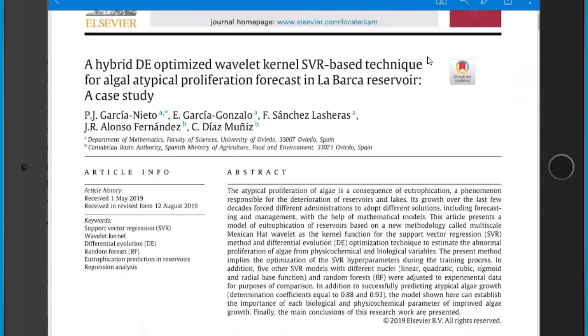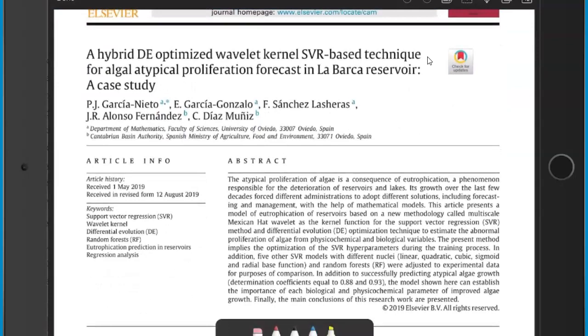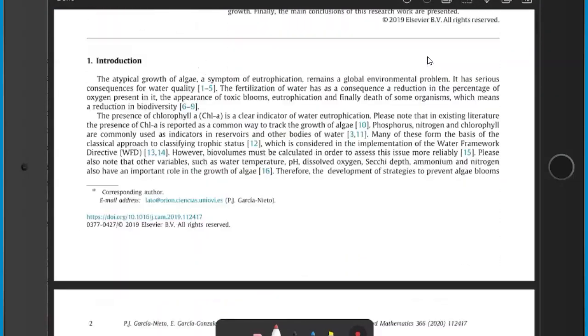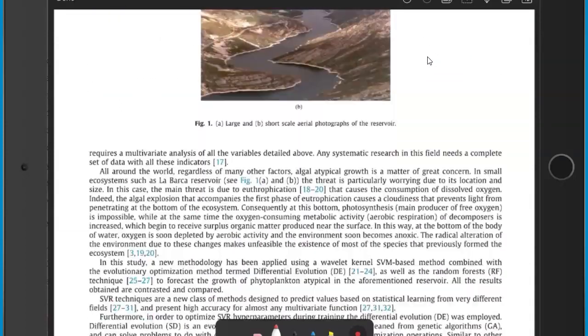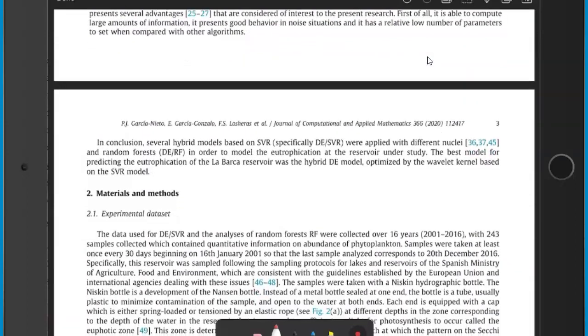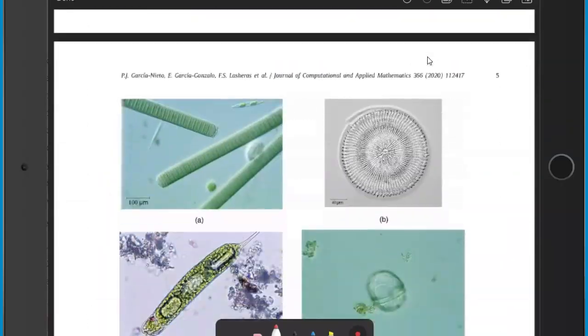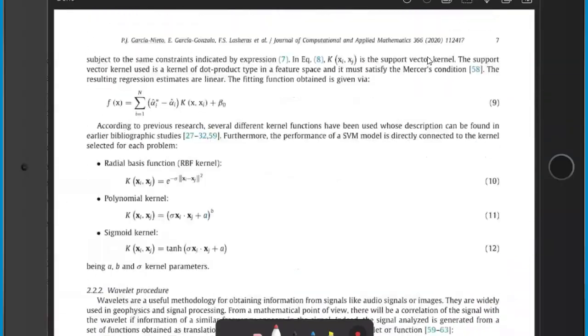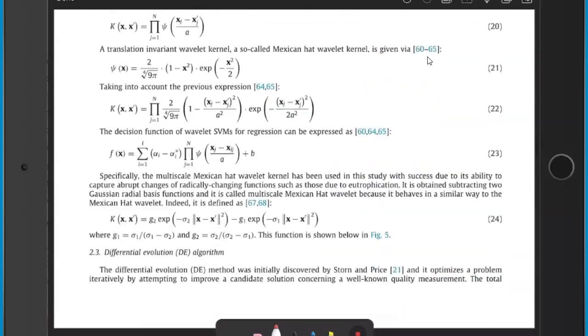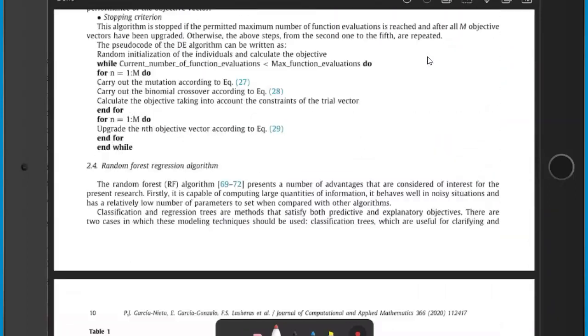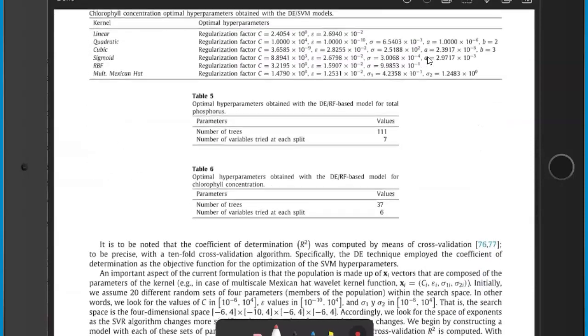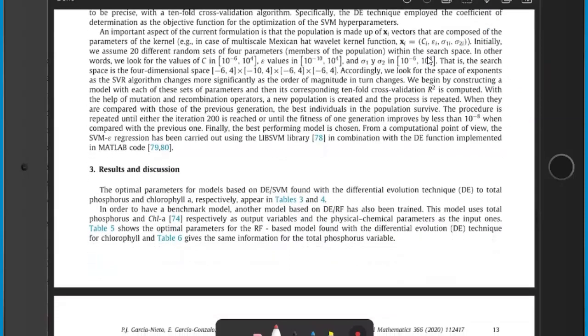You have an abstract as well, right here. And then you have an introduction, you have some images, you have materials and methods, the data set, the procedure, crazy things that are foreign to me, and lots of tables, results, and discussion.